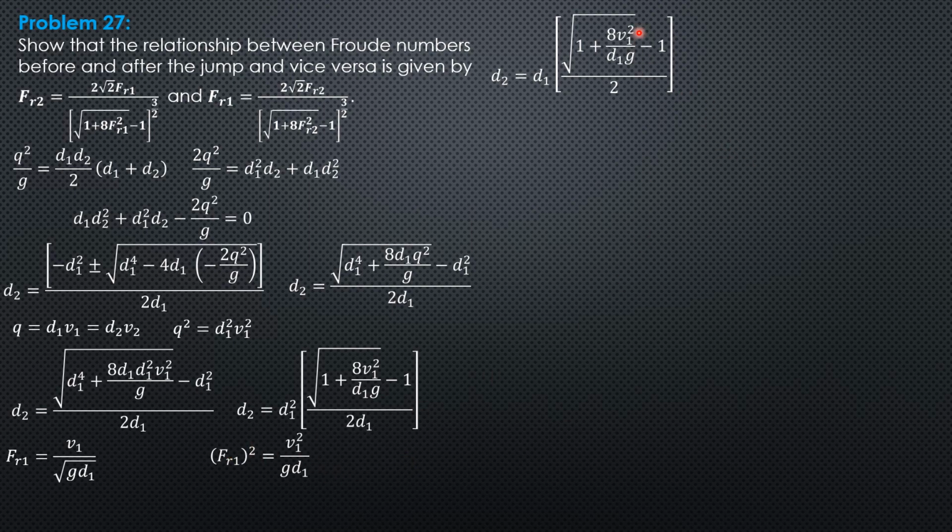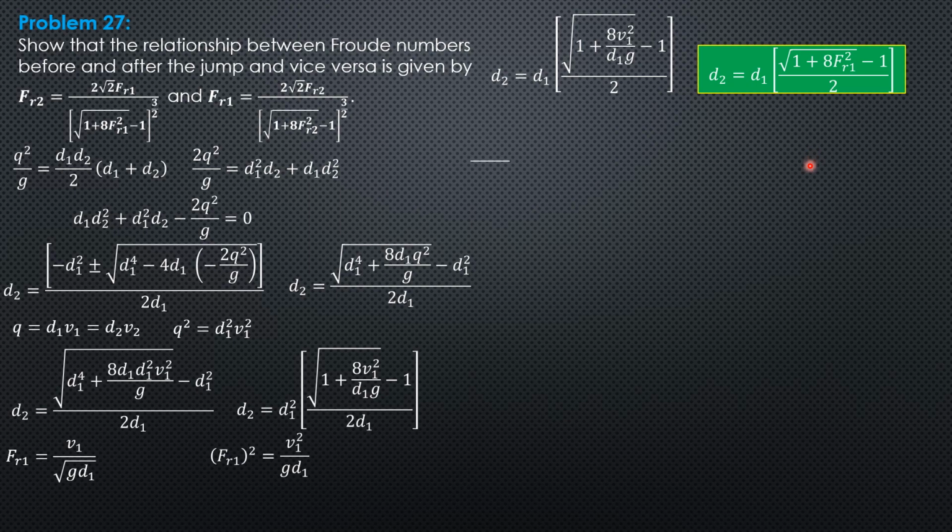So therefore, replacing v1² over d1 g by Fr1², the formula for d2 after the jump is equal to d1 over 2 times (the square root of 1 plus 8 Fr1² minus 1). So this is the formula for the depth after the jump. It is a formula in terms of Fr1, the Froude number before the jump.